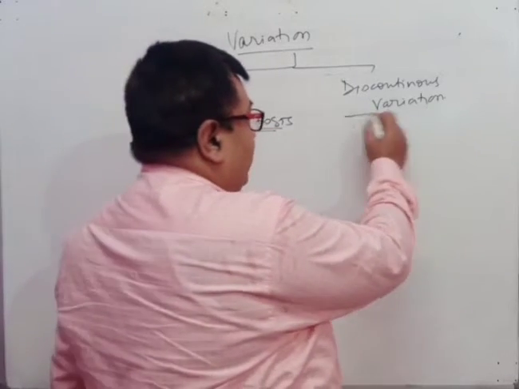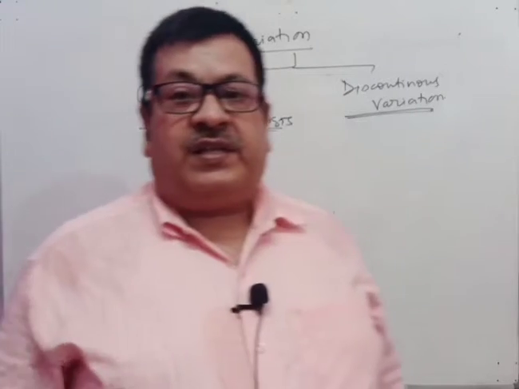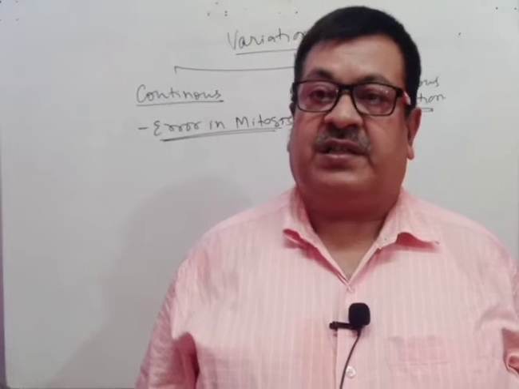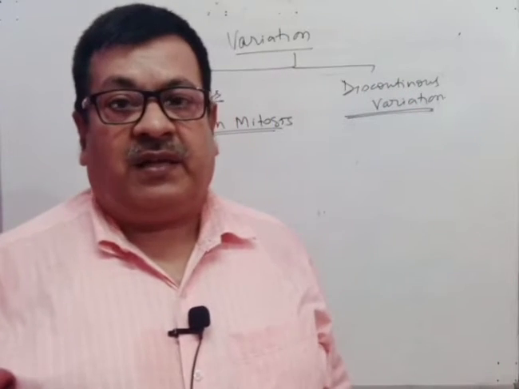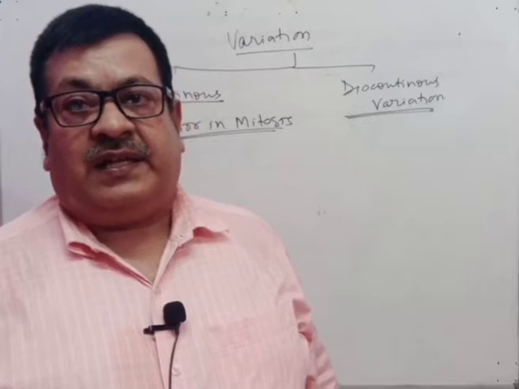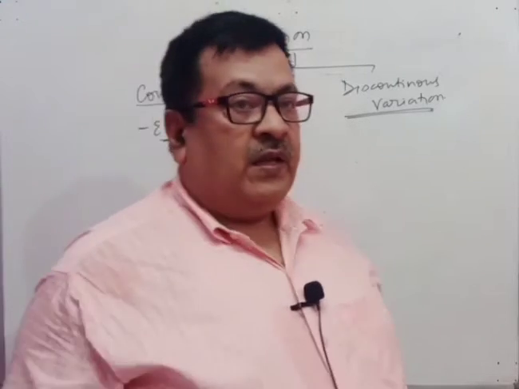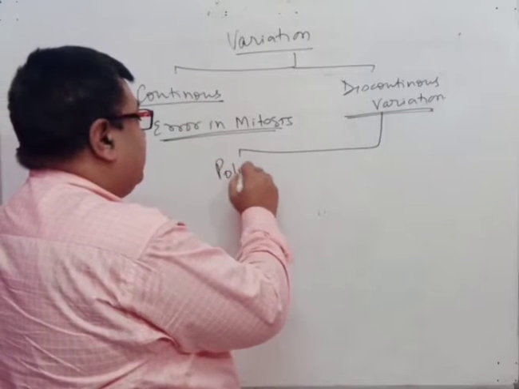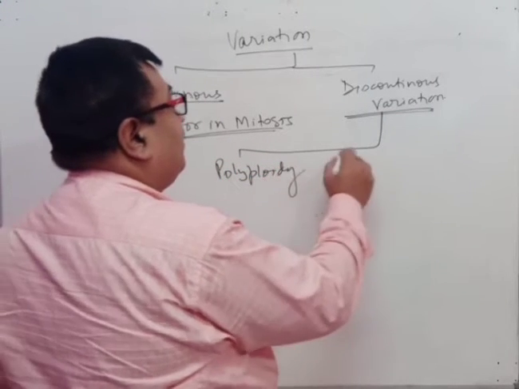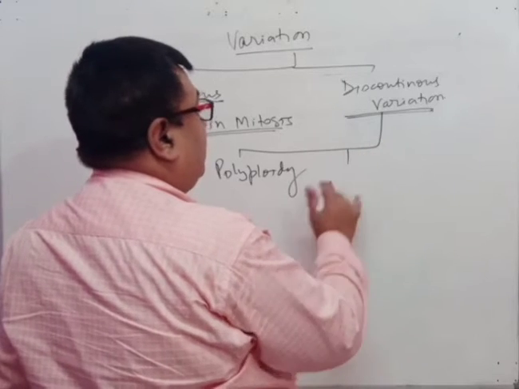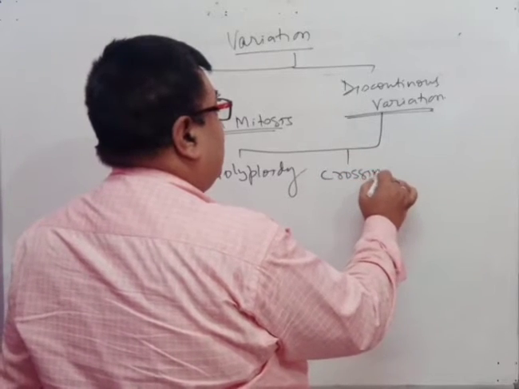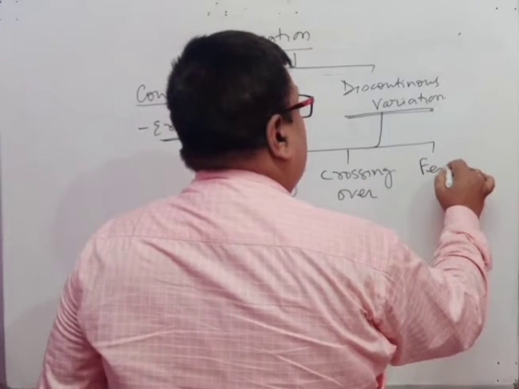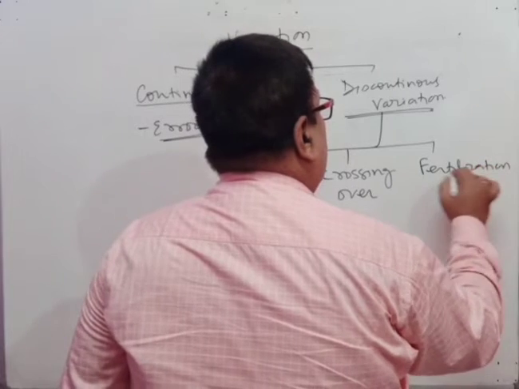But discontinuous variation, its content, degree, time, event and step are uncertain. It is saltatory. It may occur randomly and it is also hereditary in nature. It may be due to polyploidy, crossing over, or fertilization.